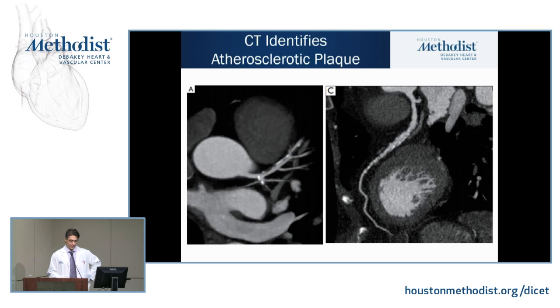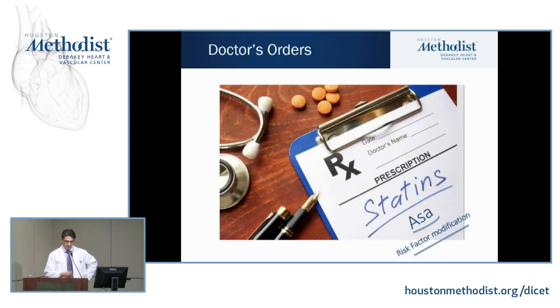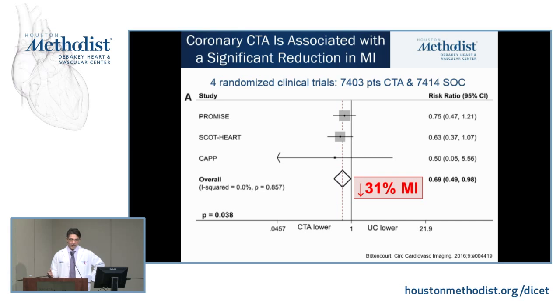I was having a conversation with Dr. Zogby earlier that, as interpreters, we have to really make sure our referring physicians understand these patients have atherosclerosis, because we want them to prescribe these medications, the aspirins, the statins, the risk factor modification, because there's so much data there already. This is data in stable chest pain, but why would it be any different for an emergency department?